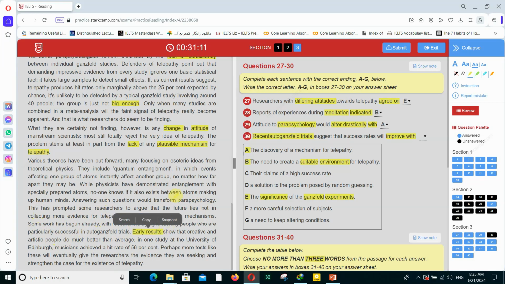Here, early results suggest that success rates will improve with what? Early results show that creative and artistic people do much better than average. Actually, this is the answer for this question.